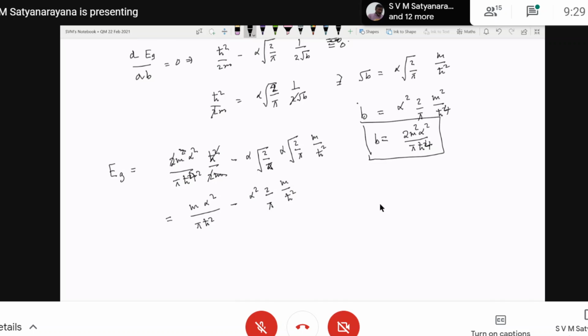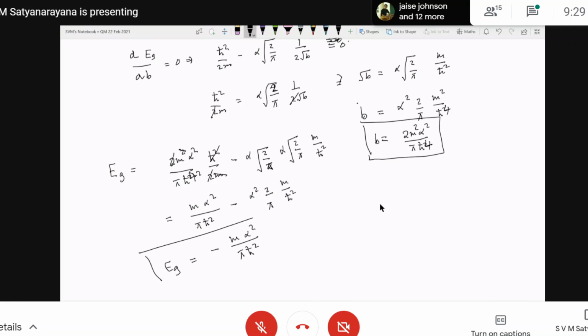So you can see that this is 2m alpha square by pi h bar square, and this will be minus m alpha square divided by pi h bar square. So this is your Eg.